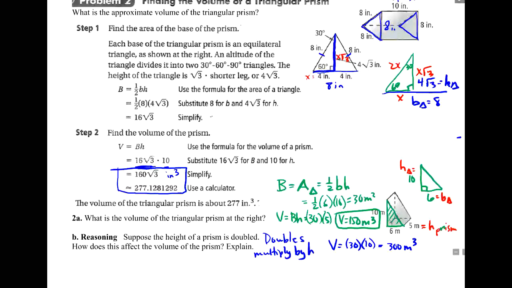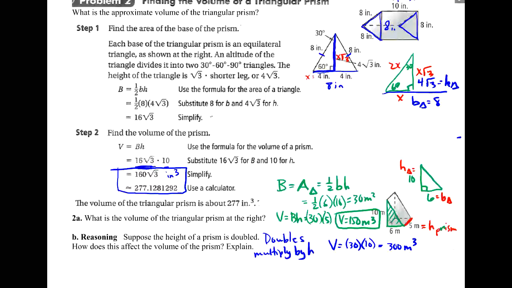We redraw our triangle here and label it, and we label the base of the triangle as 6, the height of the triangle is 10, and that tells us that the height of our prism, right here connecting our two bases, is 5. We substitute into our formulas. The area of the base is 30 meters squared. We multiply that by the height of the prism and get 150 meters cubed.